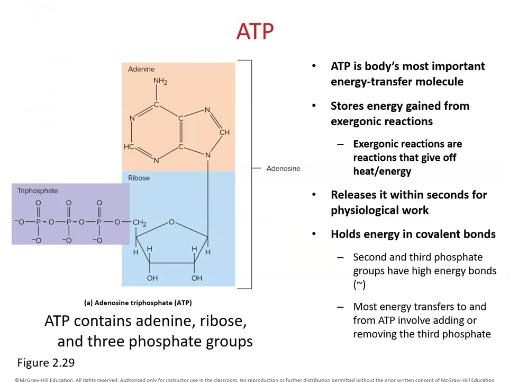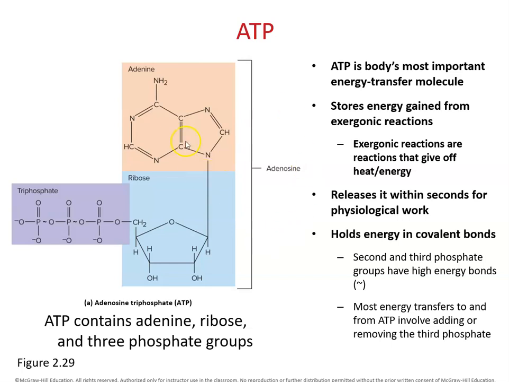This is how we store energy, transfer energy, make reactions happen. The energy ATP has comes from exergonic reactions, and exergonic reactions are any reactions that release heat or light as the reaction is happening. This can happen very, very fast when the body needs energy to do some sort of physiological process.